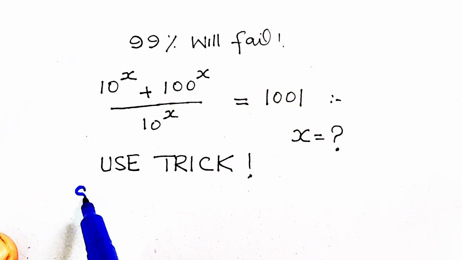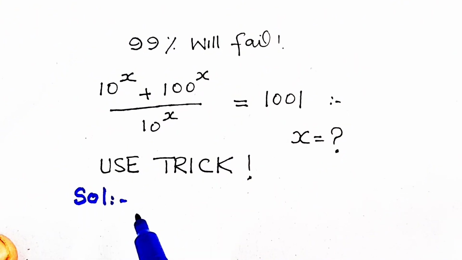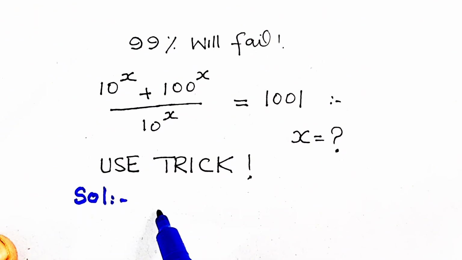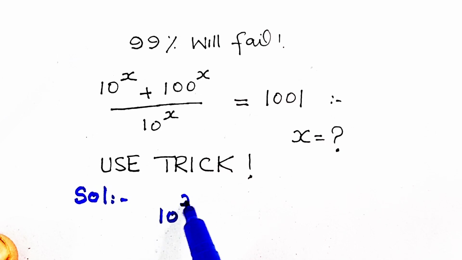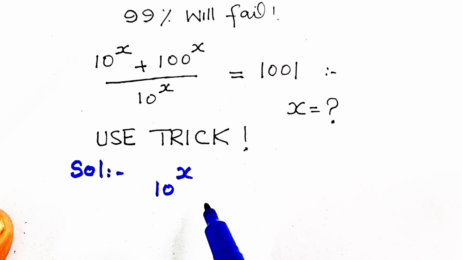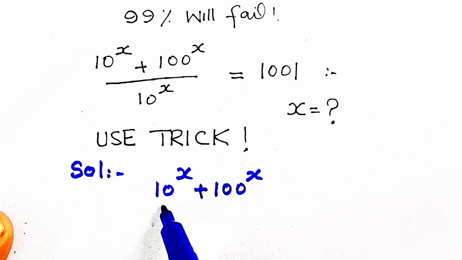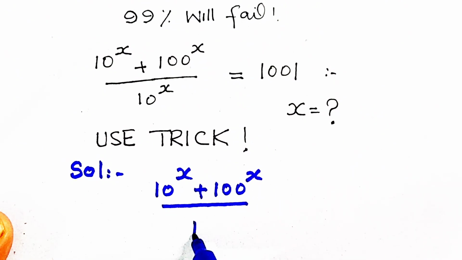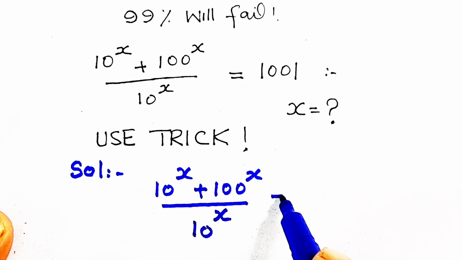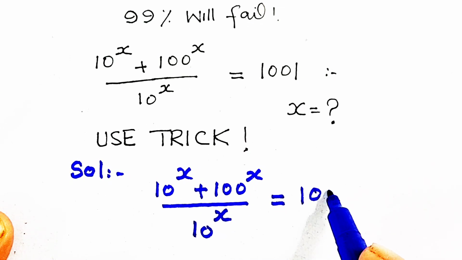Solution will be 10^x plus 100^x divided by 10^x is equal to 1001.